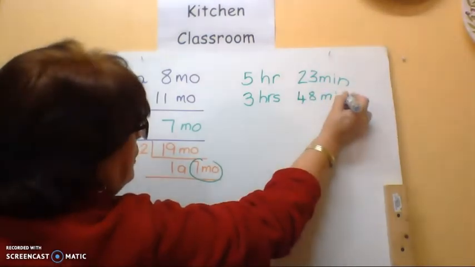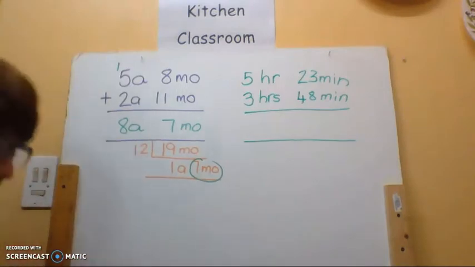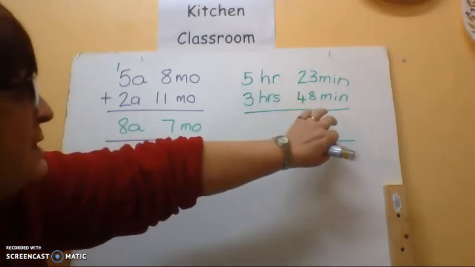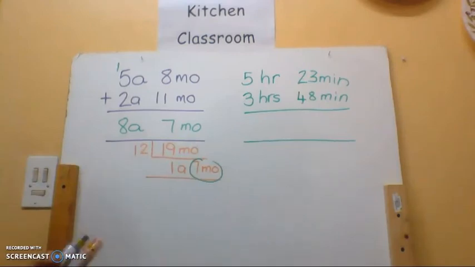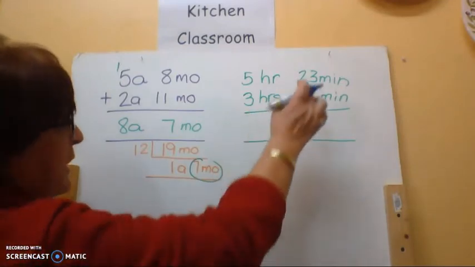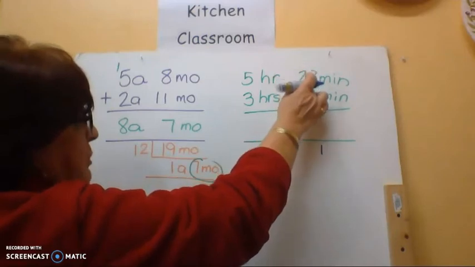Now we also have to ask ourselves, how many minutes are there in an hour? And there are 60 minutes in an hour. So we are going to start adding at the lower unit of time, which is the minutes, which are going to become hours. So I'm going to say 23 plus 48. Well, we can add them. 3 plus 8 is 11, and 1 plus 2 is 3 and 4.